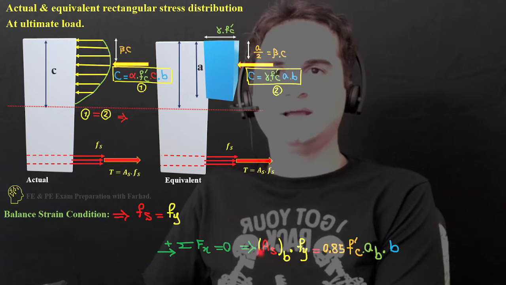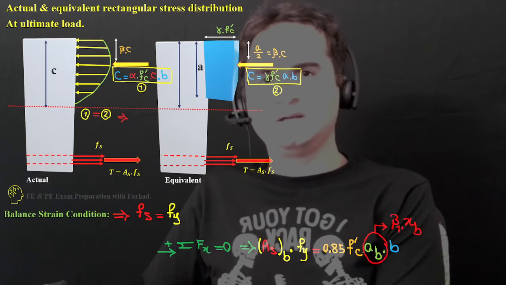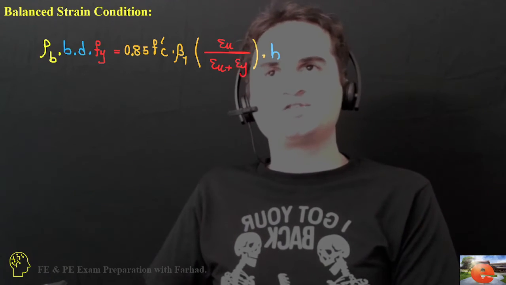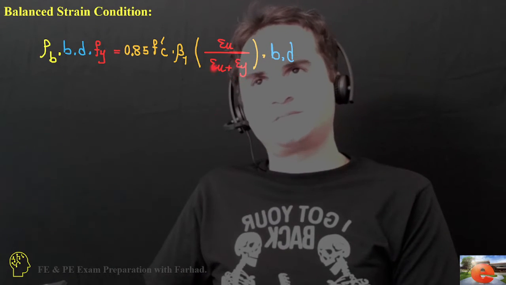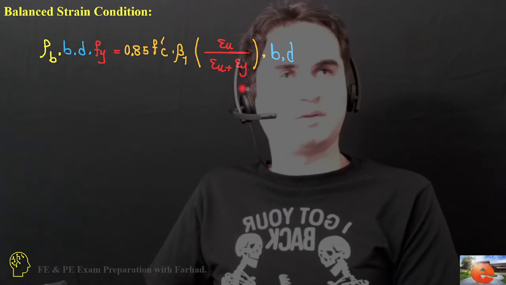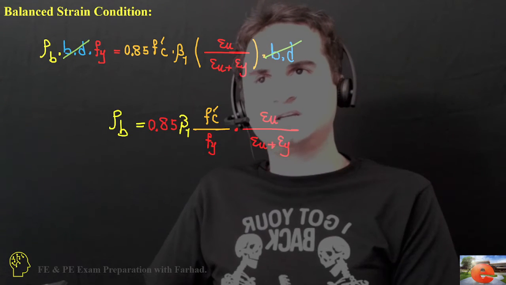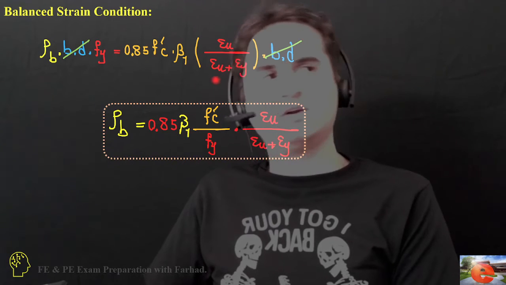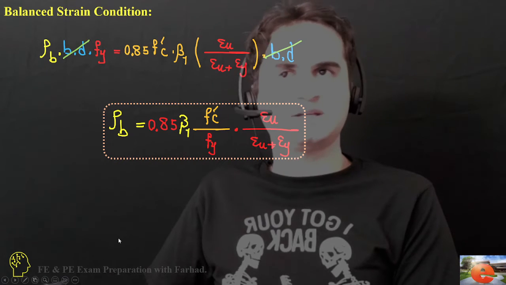That says As balance times Fy is 0.85 times f prime c times a balance times b, and a balance is beta 1 times x balance. If we replace x balance from the geometry equation and cancel out bd from both sides, it gives us the equation of rho balance, which is 0.85 beta 1 times f prime c over Fy times epsilon u over epsilon u plus epsilon y.